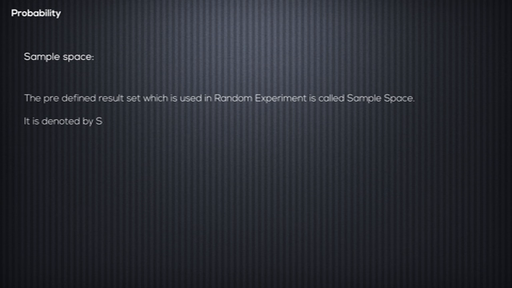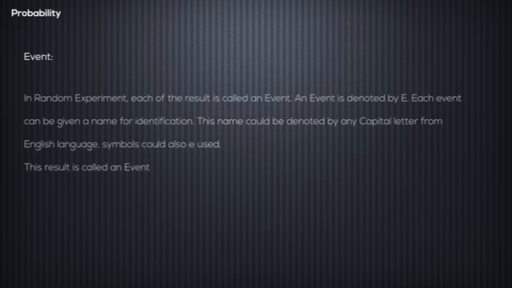The set of all possible results of a random experiment is called sample space and is denoted by the letter S. Event. Any subset of a sample space is called an event.